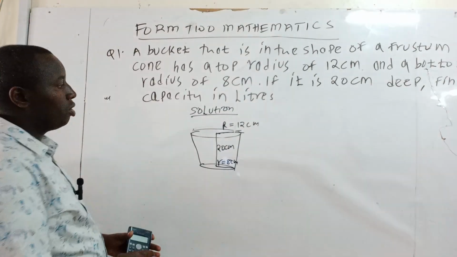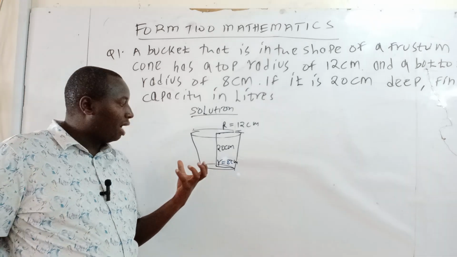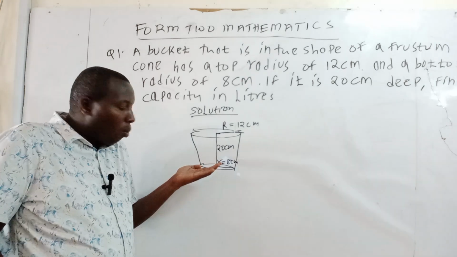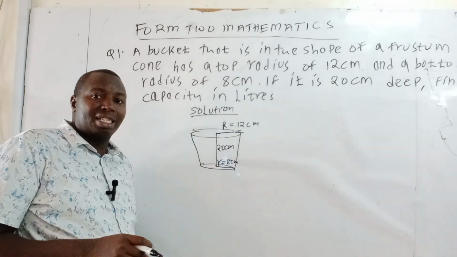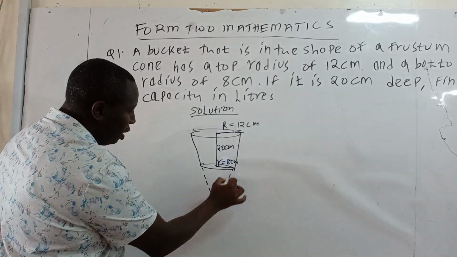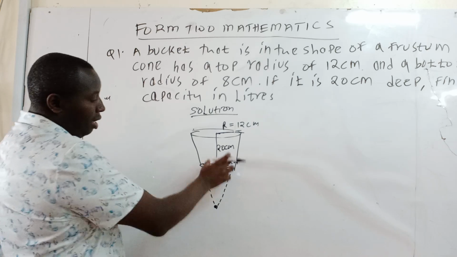Then the next thing, because our frustum is a cone where one part of the cone has been cut. So you extend up to this point; the top part of the cone has been cut for you to get the frustum.